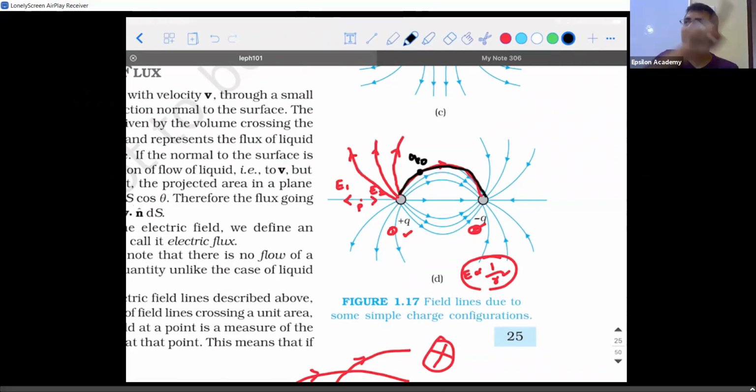Q0 will start experiencing the force along that electric field line. So at this point, if you draw a tangent in the direction of electric field, okay, when I say tangent, I can draw a tangent like this also. But if you draw a tangent by showing the arrow mark in the direction in which the electric field is there, then that direction gives the exact direction in which the unit positive test charge would start experiencing force.